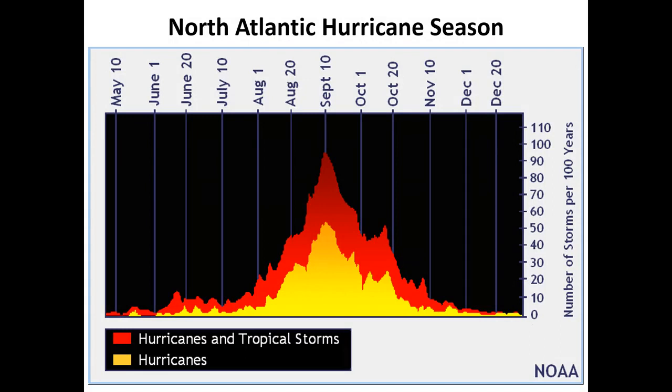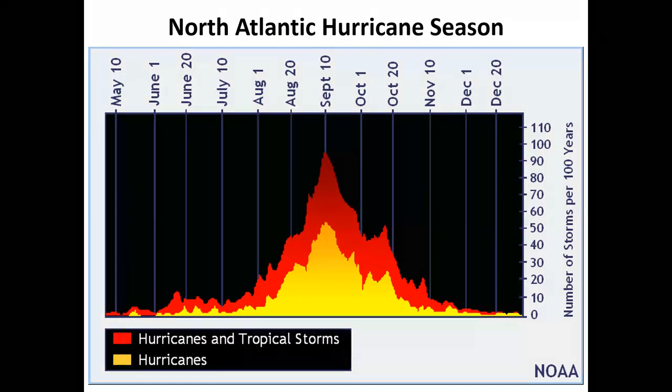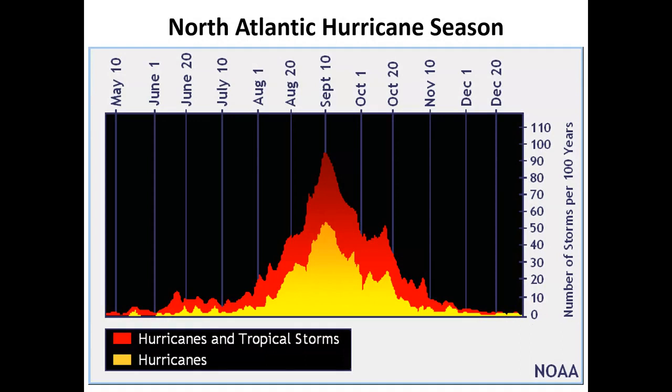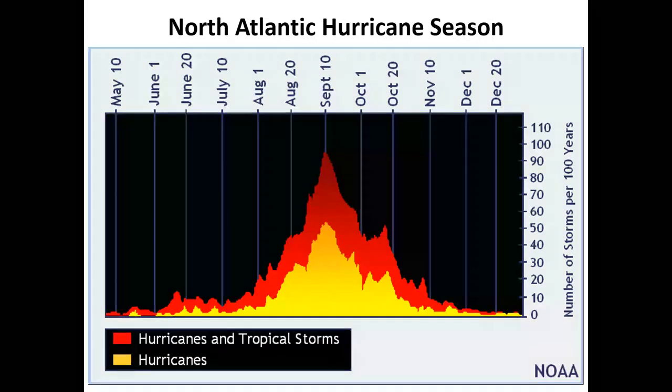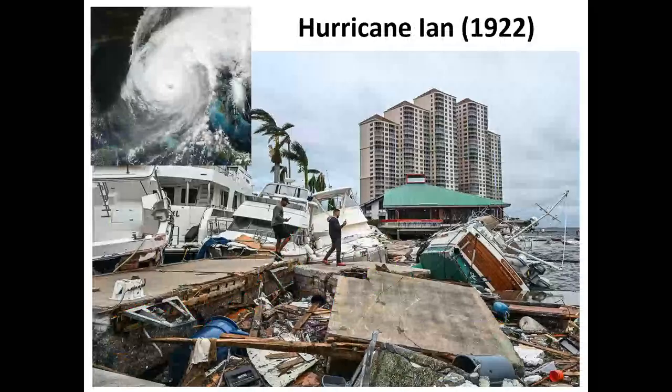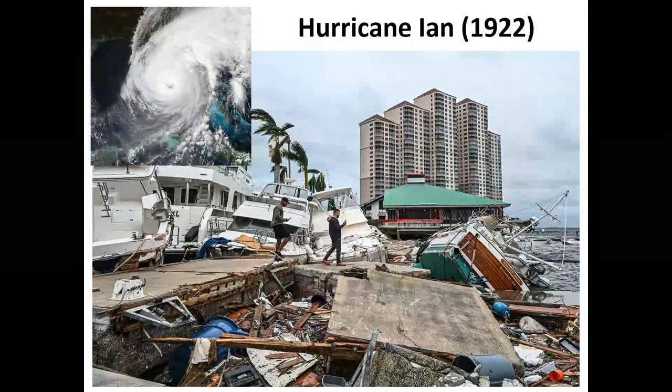This is the North Atlantic hurricane season. They often peak in late summer, early fall. Hurricanes and tropical storms, this is a breakdown of those. The most recent hurricane to hit the United States was Hurricane Ian, which was a Category 4 hurricane, and that hit in 1992. And it was the third costliest weather disaster on record for the United States.